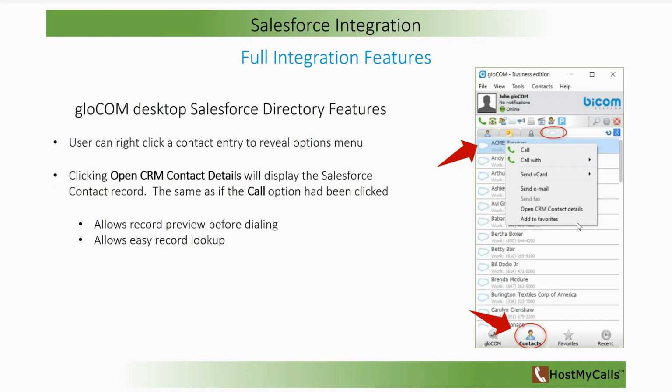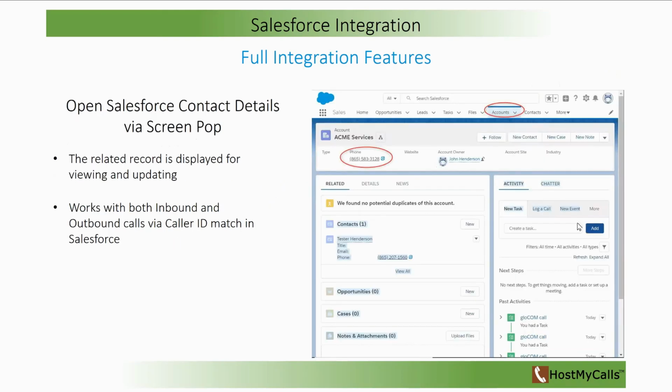The next option is Open CRM Contact Details, and selecting that option will open up the default browser of the user, and it will surf automatically to the contact page within Salesforce.com of that contact.